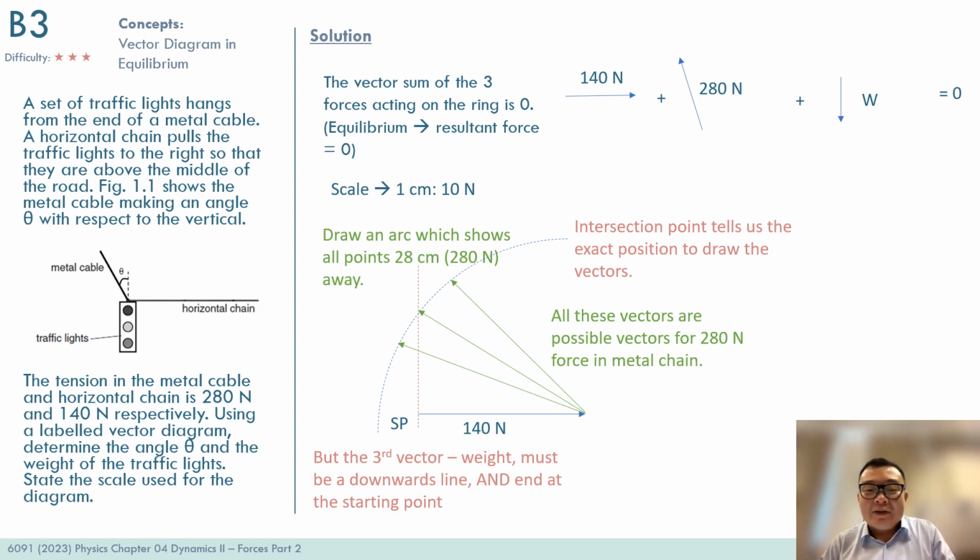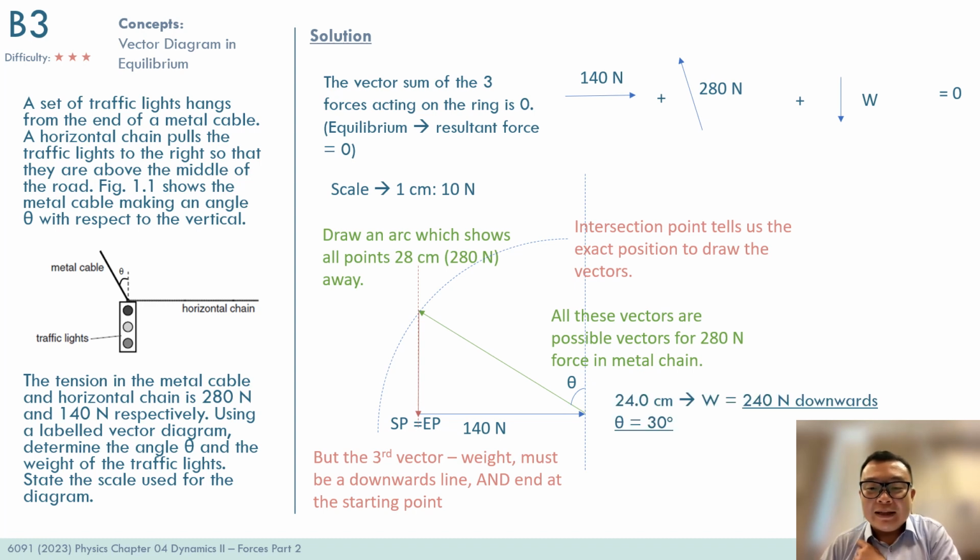So this intersection point tells me that that is the only downwards vector to draw, and I've now eliminated all the green vectors short of one, and therefore with this I have the complete vector diagram.